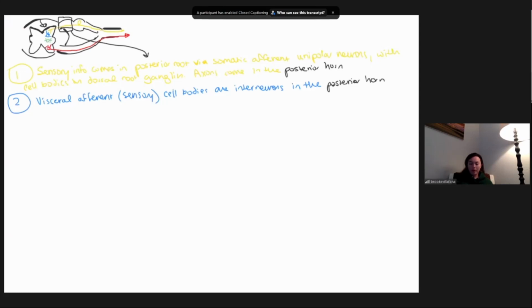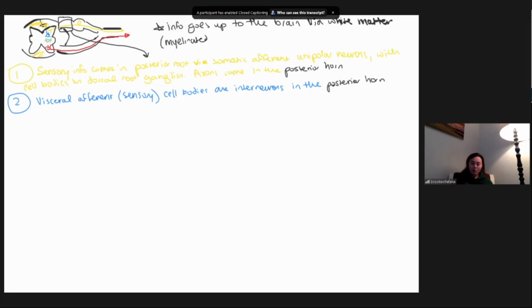Okay, and they'll carry information up to the brain, as will those. Basically, information is carried up to the brain through the white matter that's on the sides over here. So I'll just say info goes up to the brain via white matter. And remember what we said: white matter is myelinated axons.